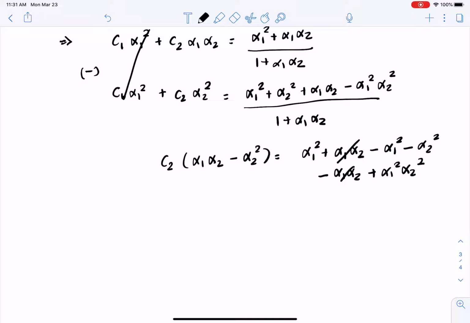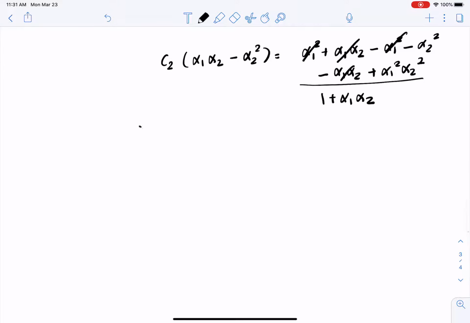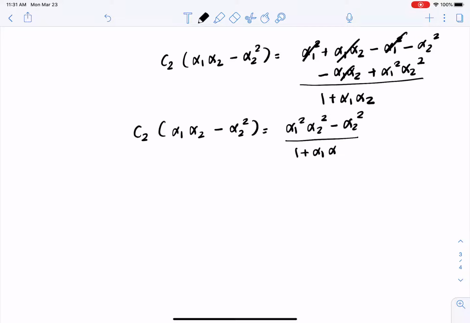So those two terms would go away, those two terms would go away, leaving us with C2 times alpha 1 alpha 2 minus alpha 2 squared equals alpha 1 squared alpha 2 squared minus alpha 2 squared divided by 1 plus alpha 1 alpha 2.